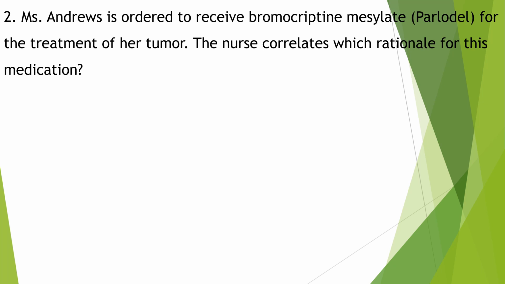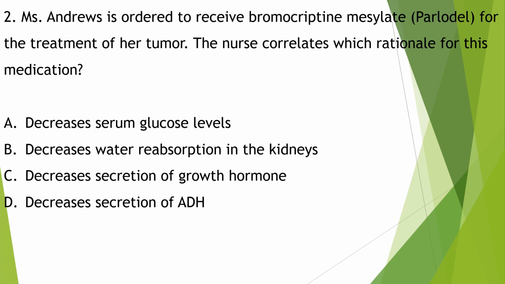Ms. Andrews is ordered to receive bromocriptine mesylate, that is Parlodel, for the treatment of her tumor. The nurse correlates which rationale for this medication? Decrease serum glucose levels, decrease water reabsorption in the kidneys, decrease secretion of growth hormone, decrease secretion of ADH.